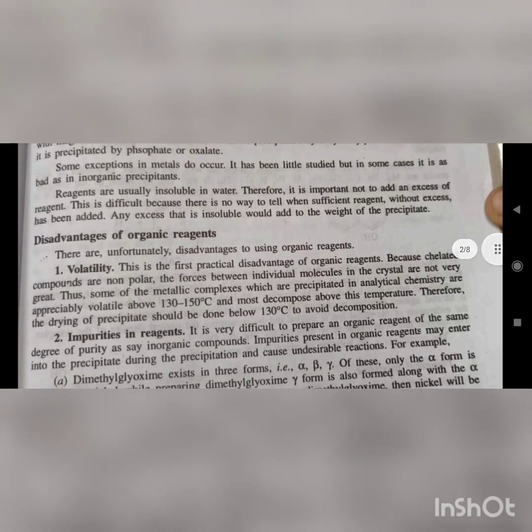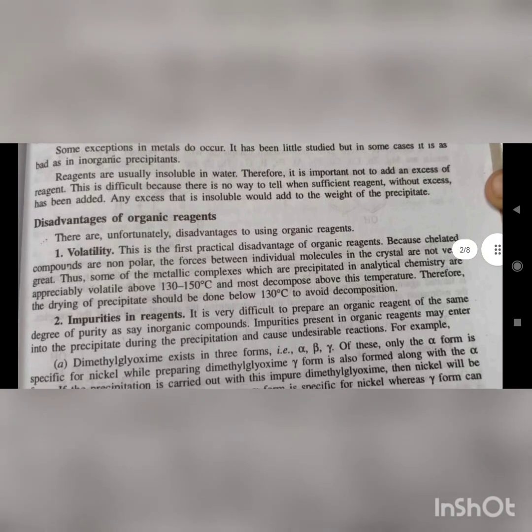Some exceptions in metals do occur. It has been little studied, but in some cases it is as bad as with inorganic precipitants.